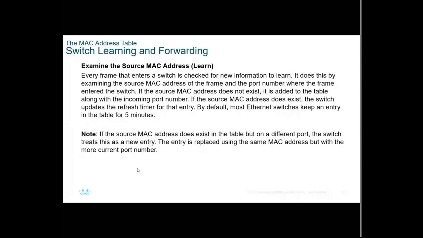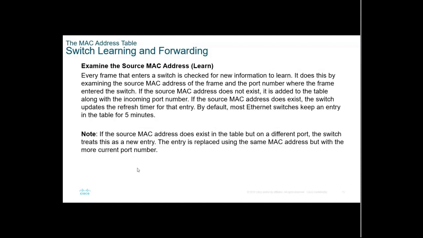Okay, switch learning and forwarding. The switch examines the source MAC address and learns. Every time there's traffic, it looks at the traffic coming into the port, looks at the source MAC address, and maps it to the port number it's receiving it on. Every time a frame enters the switch, it is checked for new information to learn.